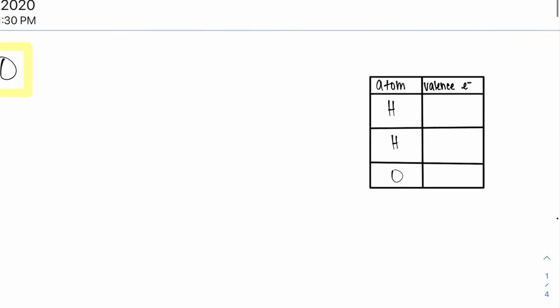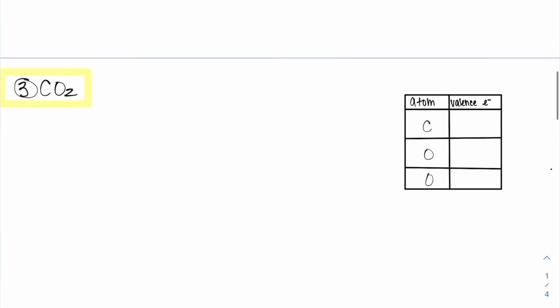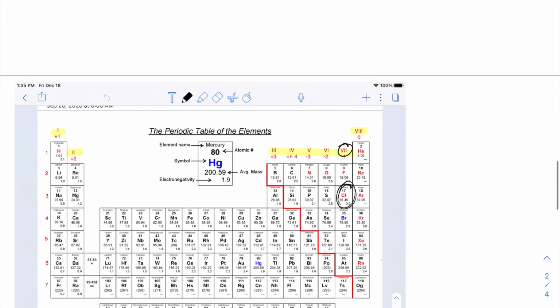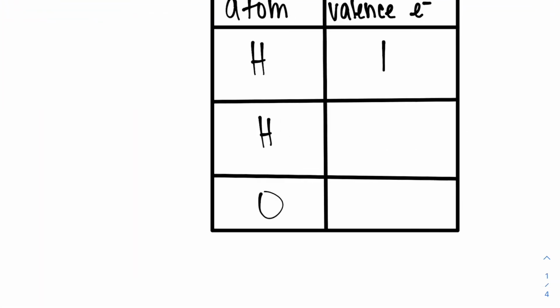So let's first look at H2O, or water. Our first step is going to be to make a table including what atom we have as well as how many valence electrons that atom comes with. So for hydrogen, when we find hydrogen on our periodic table down here, we know that hydrogen has 1 valence electron. So each one of our hydrogens comes with 1 valence electron.